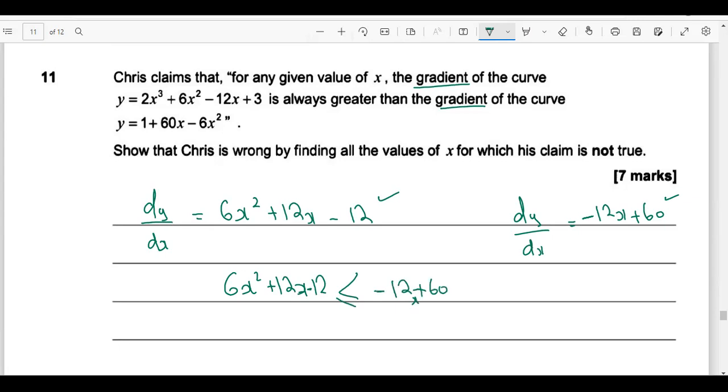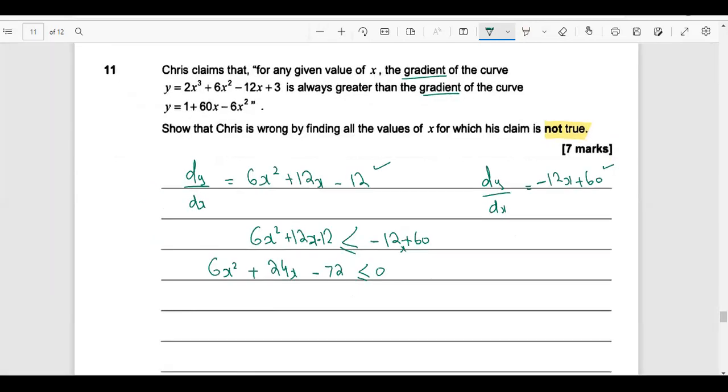This is what we will take because it said show that this is wrong by finding all the values of x for which his claim is not true. So this is what we are going to take, and let's simplify this. So I would get 6x squared plus 24x minus 12, and 60 would be 72, less than equal to 0.